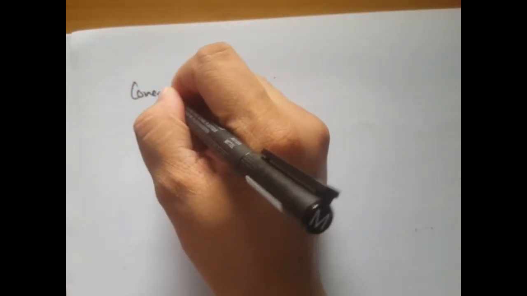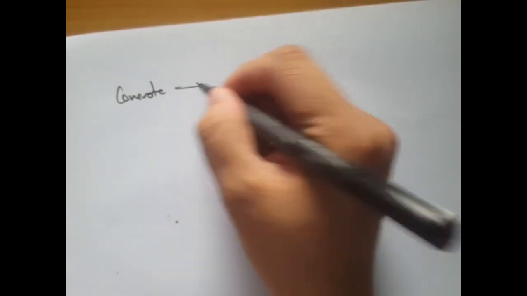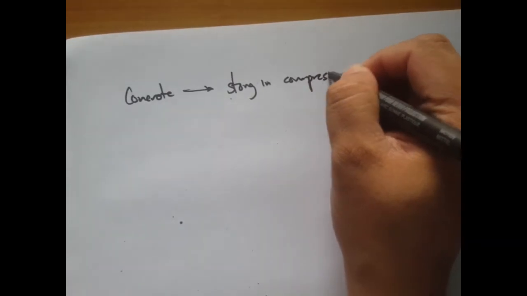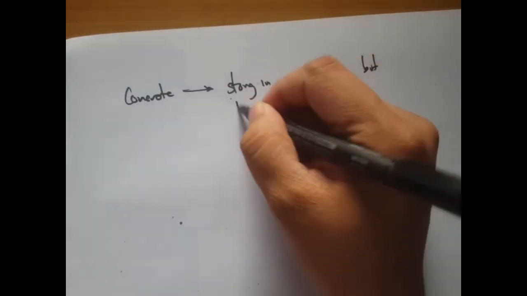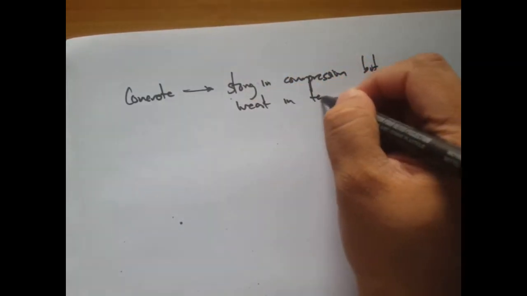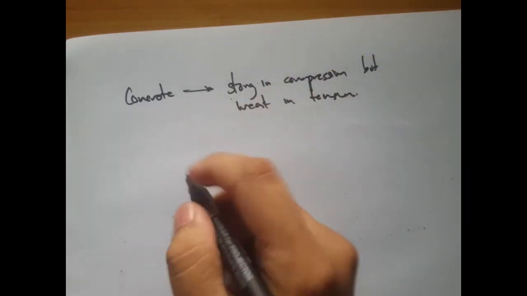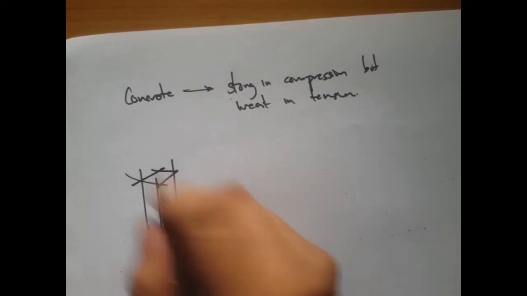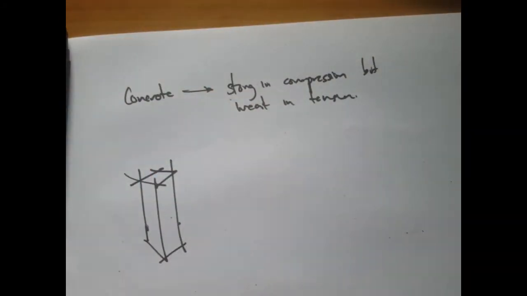Now let's move on to the details of this concrete as a structural material. We say that concrete is a material that is strong in compression but weak in tension. So for example, this is our concrete material, and I'm trying to apply a load.